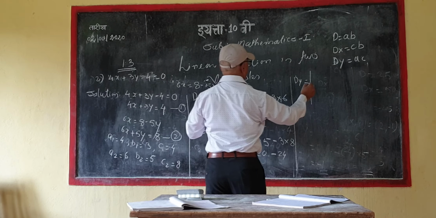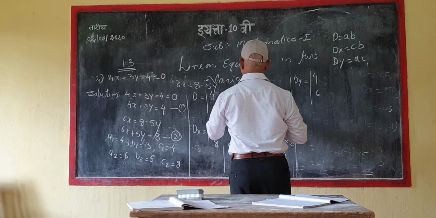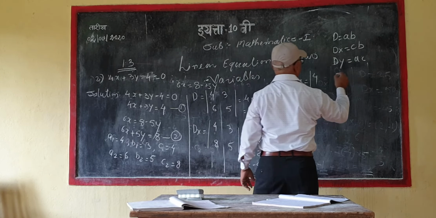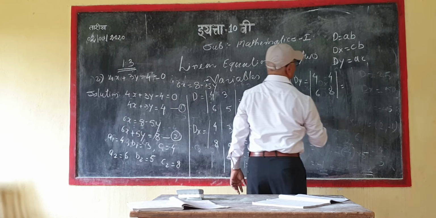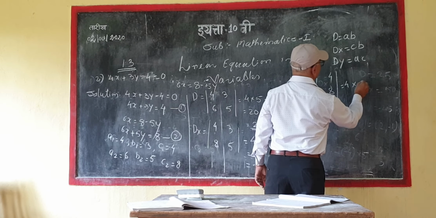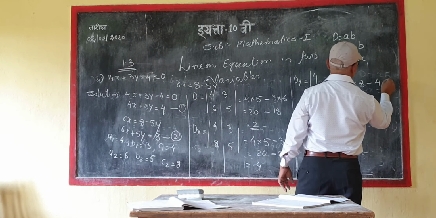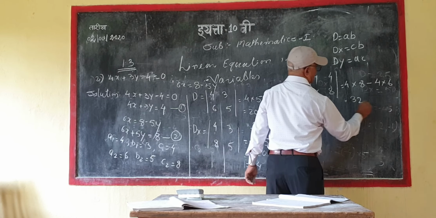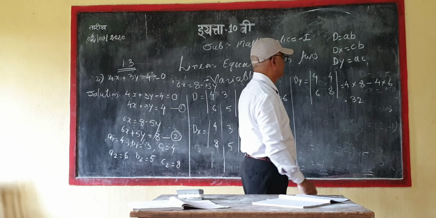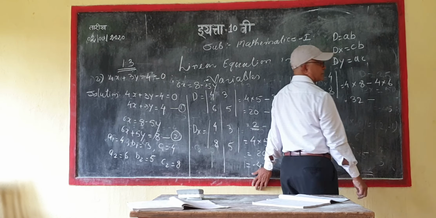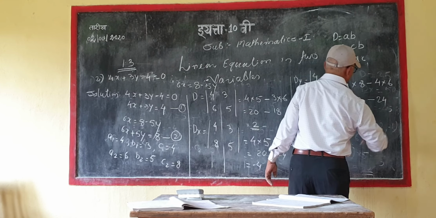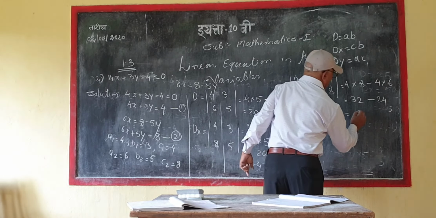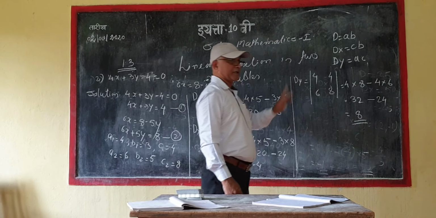So we get 4, 6, 4 and 8. 4 into 8 minus 4 into 6. 8 4s are 32 minus 6 4s are 24. 32 minus 24, 8 is the value of dy.